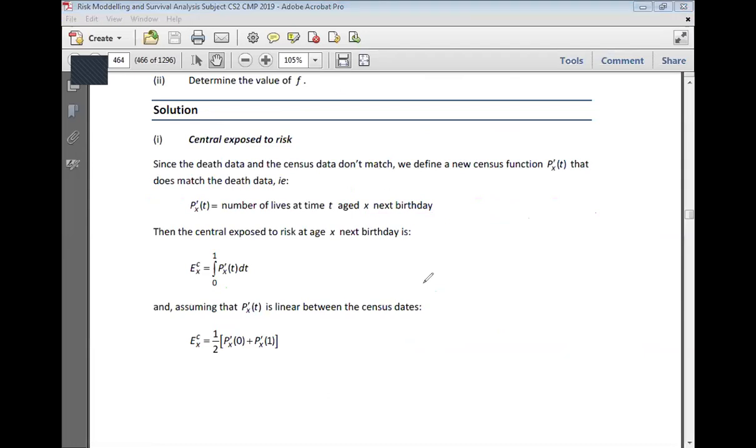How can you draw the relationship between this thing, which is age next, and PX0, which is age last? So all you can do is convert this thing into age. You shouldn't start with this, because what we want is to write this thing in terms of what we have information about, right?